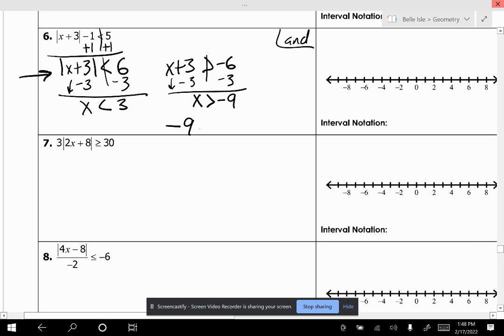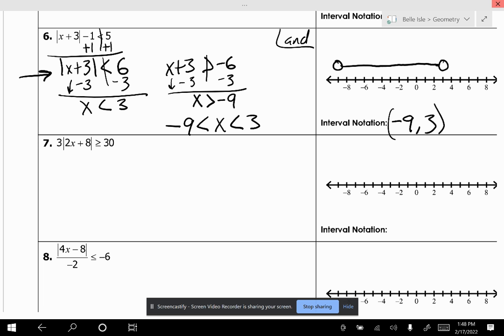It's an and problem, so you've just got the one inequality: negative 9 is less than x, which is less than 3. We're going into each other. Interval notation is negative 9, 3. Try number 7 on your own.